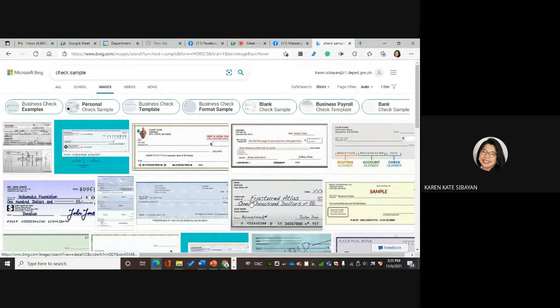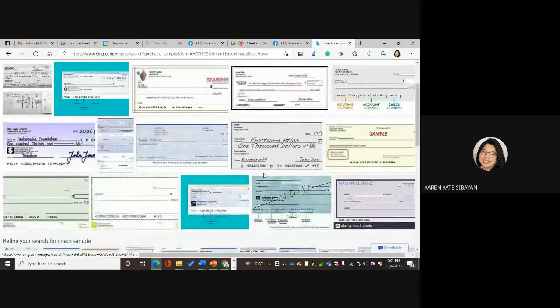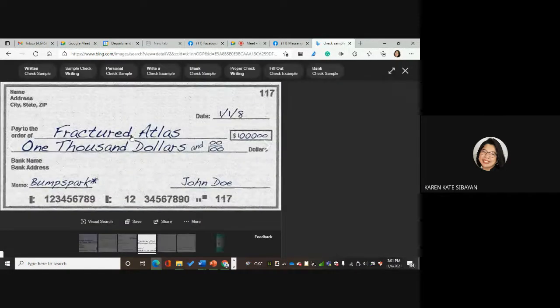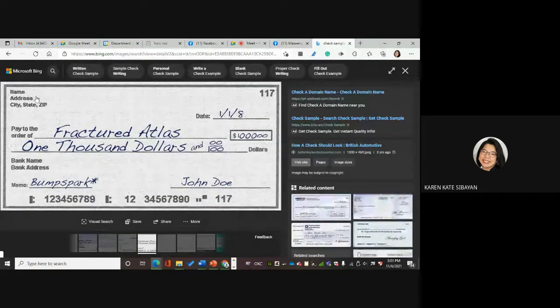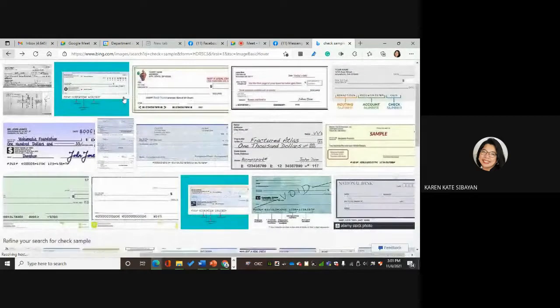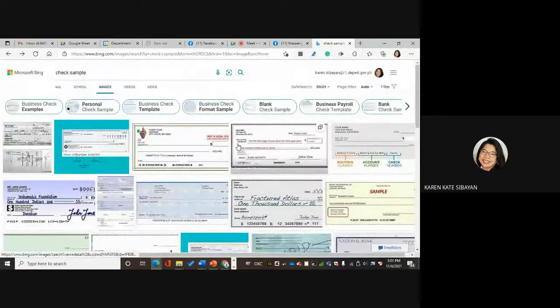Yan. So that's an example of a check. Maganda sana kung meron nang fill up.